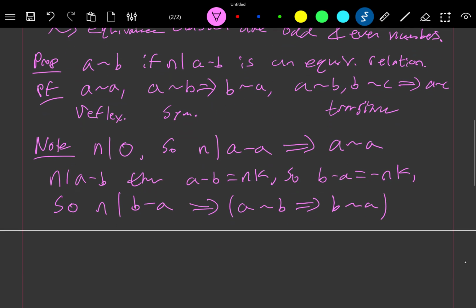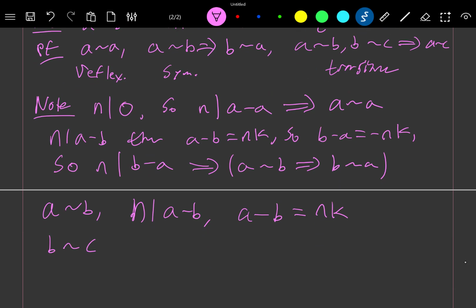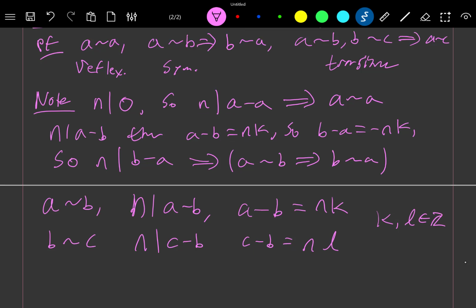Now for transitive, if a is equivalent to b, that means n divides a minus b, so we can write a minus b is n times k. Similarly, if b is equivalent to c, then n divides c minus b, so c minus b is n times l for some l. Here k and l are in the integers.